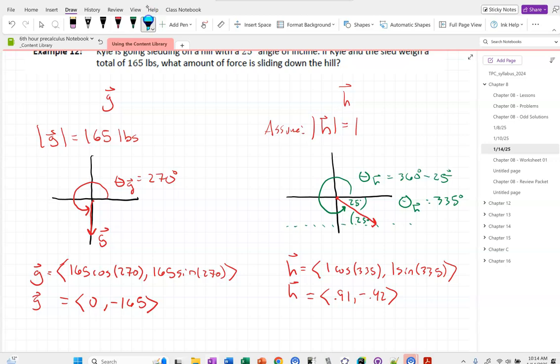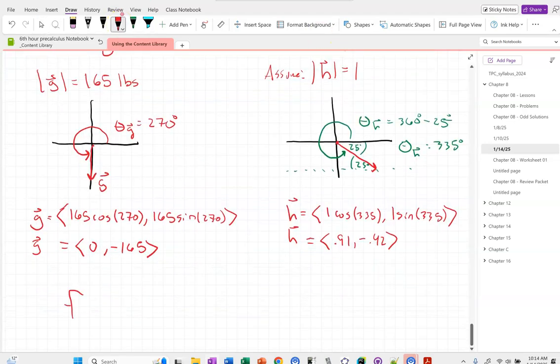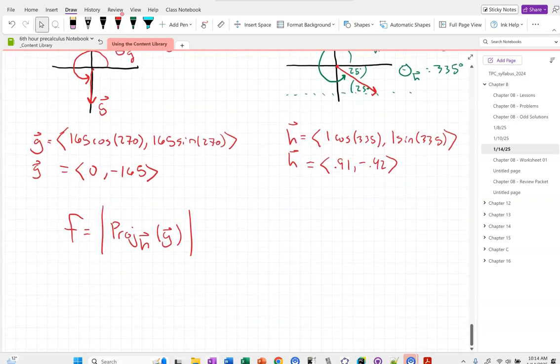All right. The question again asks what amount of force is sliding down the hill? So that amount of force is going to be the magnitude of that gravity projected down the hill. So it's going to be the magnitude of that projection vector.